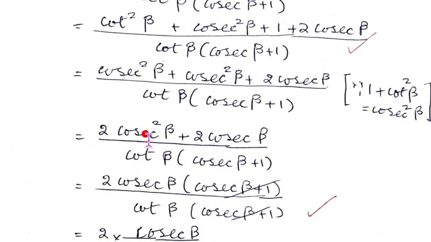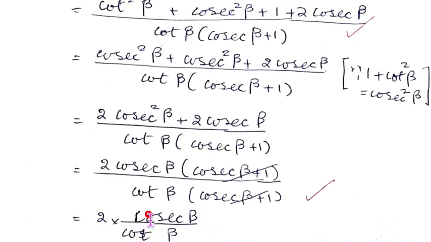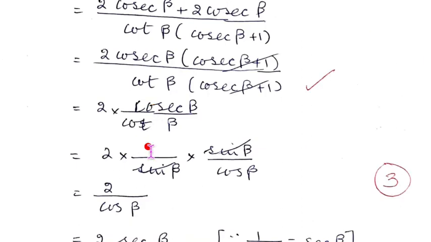Here 2 cosec beta is common. Can you see that? So 2 cosec beta is common, and inside the bracket we will have cosec beta plus 1, and that will cancel with cosec beta plus 1 in the denominator here, like so. So now only this much remains. So 2 into cosec beta upon cot beta is remaining. Cosec means 1 upon sine.